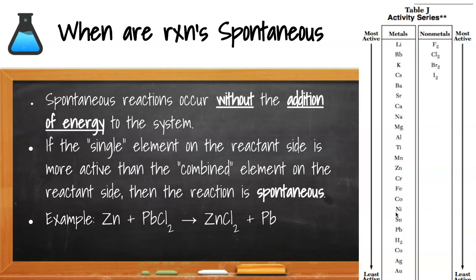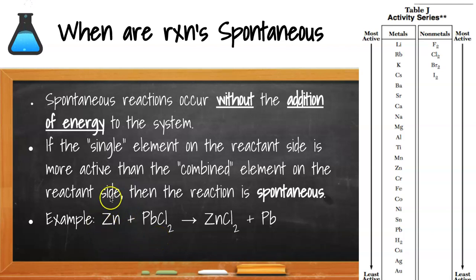So now, when are reactions spontaneous? Spontaneous means the reaction is going to occur without the addition of any extra energy to the system. If we look at a reaction here, if the uncombined element on the reactant side is more active, meaning higher up on Table J, than the element in the compound on the left side, then the reaction is said to be spontaneous.